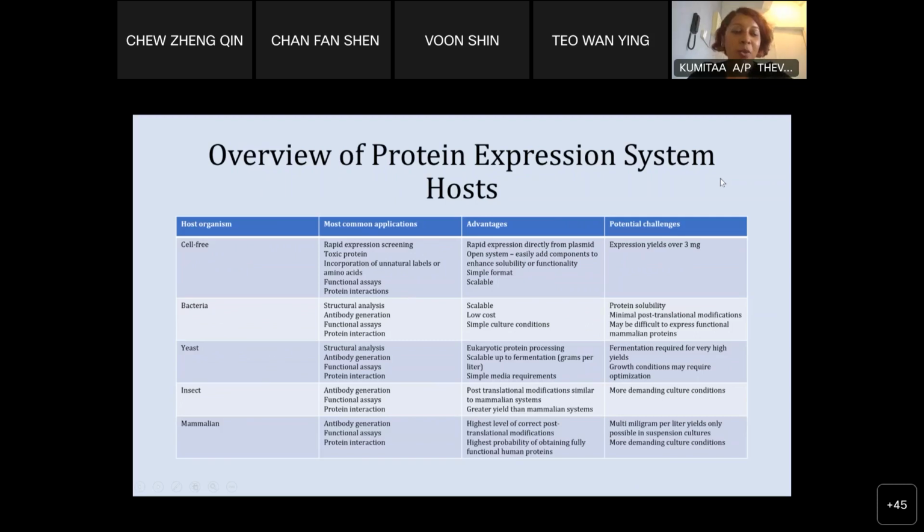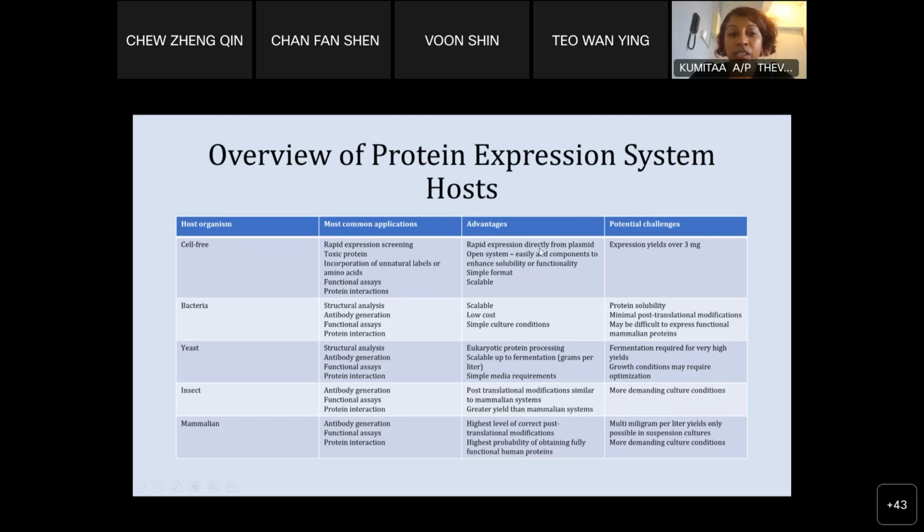Very quick overview of protein expression systems. I'll just go over this briefly. You can go back and read this in detail later. We talked a little bit about bacteria, yeast, insect, and mammalian expression systems. They do have different common applications. For example, bacteria and yeast are used for structural analysis, but mammalian systems people use primarily for antibody generation, functional assays, and protein interactions.